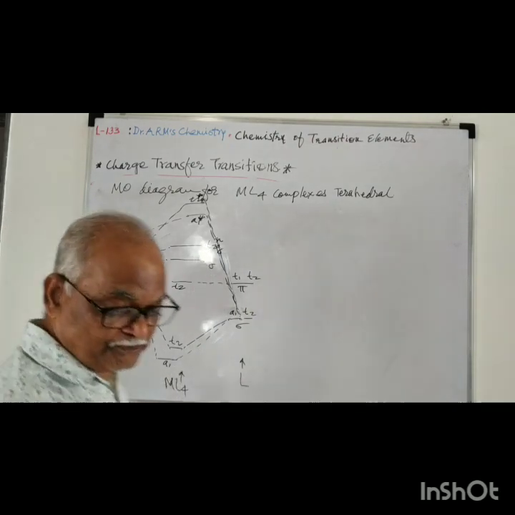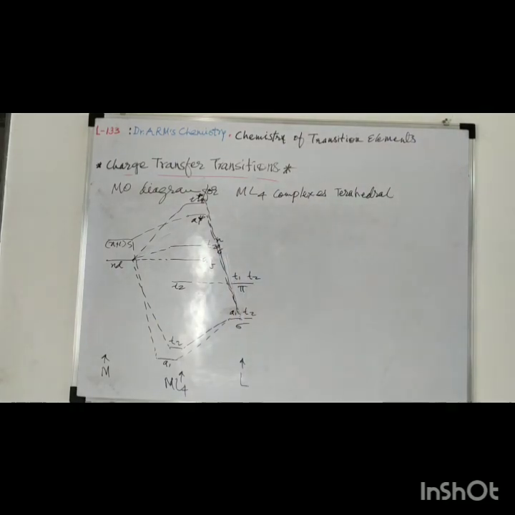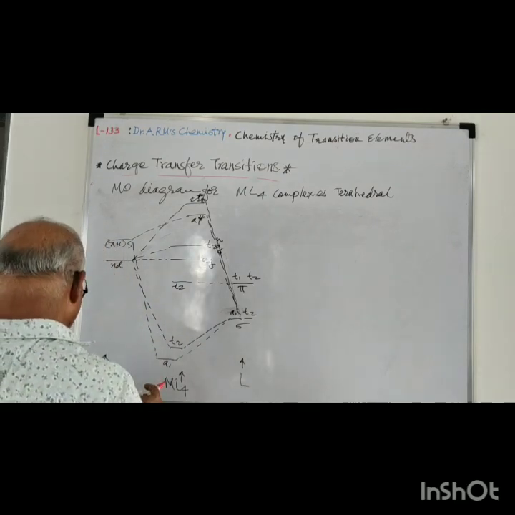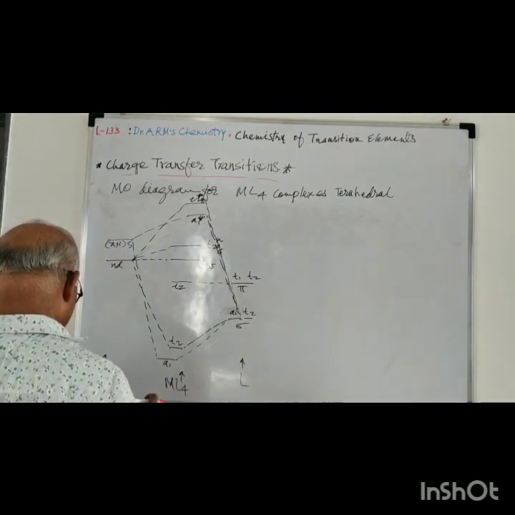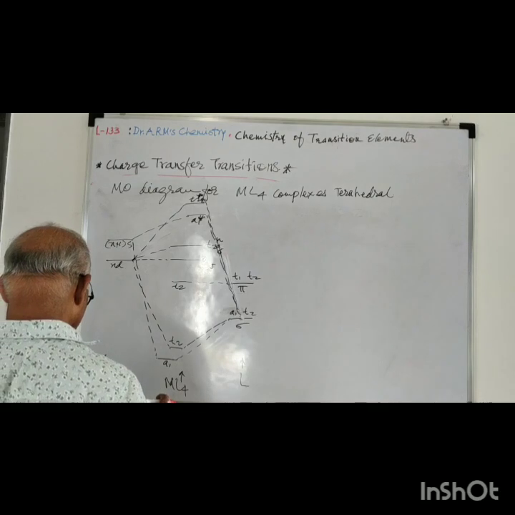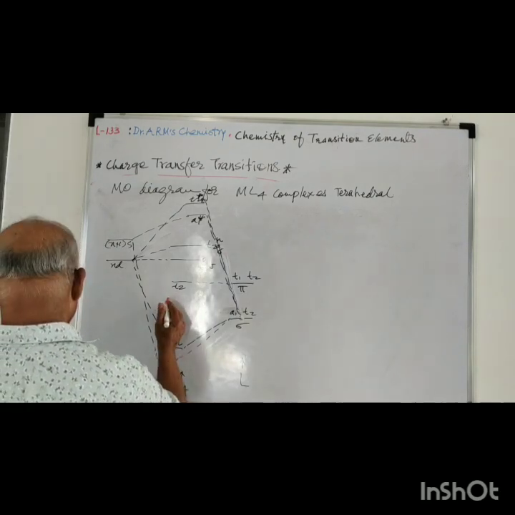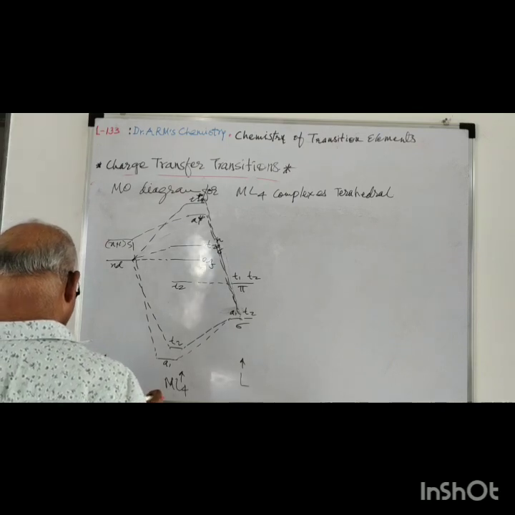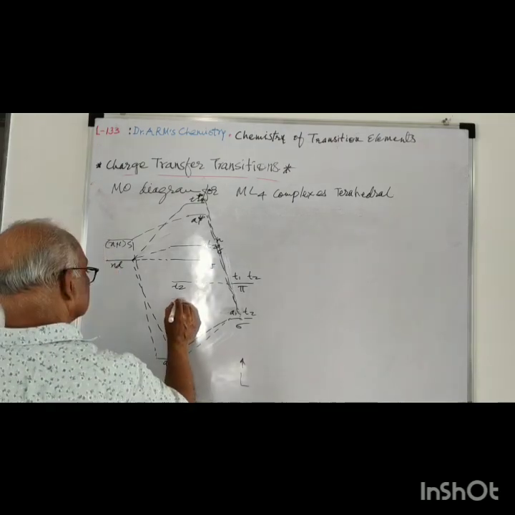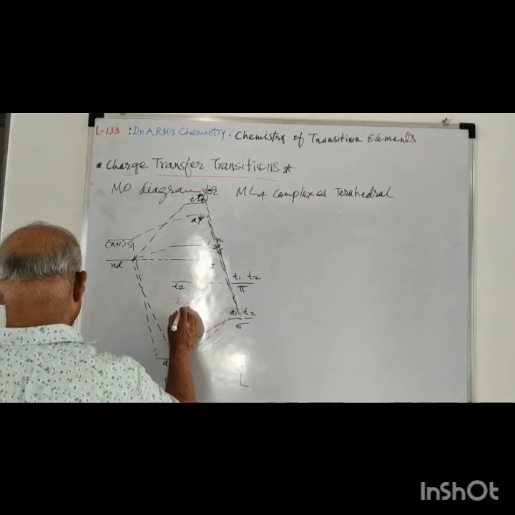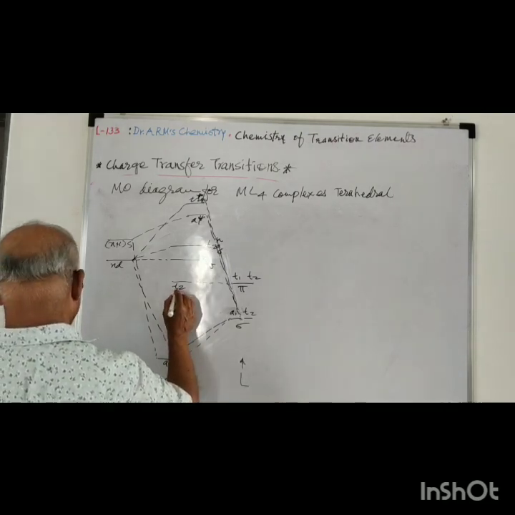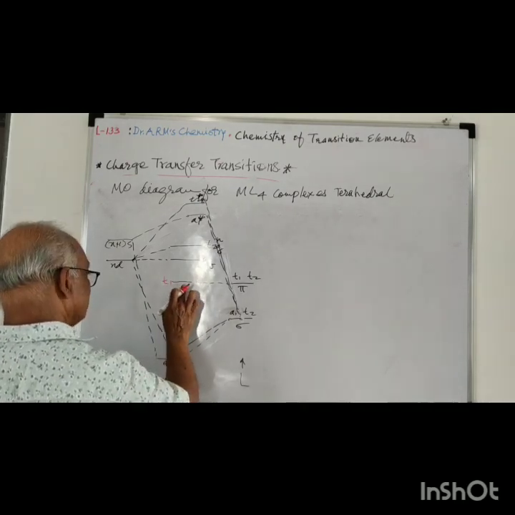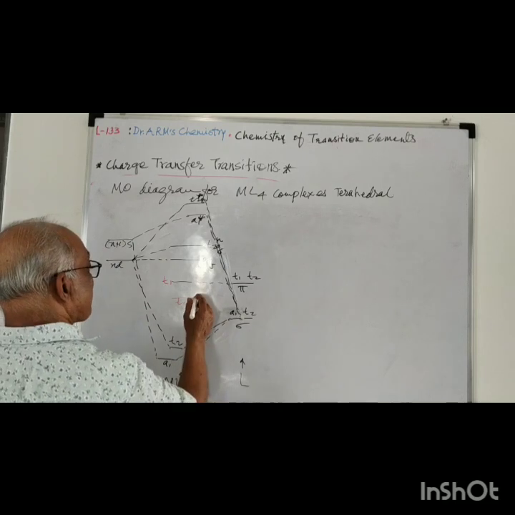So these are the molecular orbital diagrams. So we show the transitions from this, these are T1 symmetry orbitals.